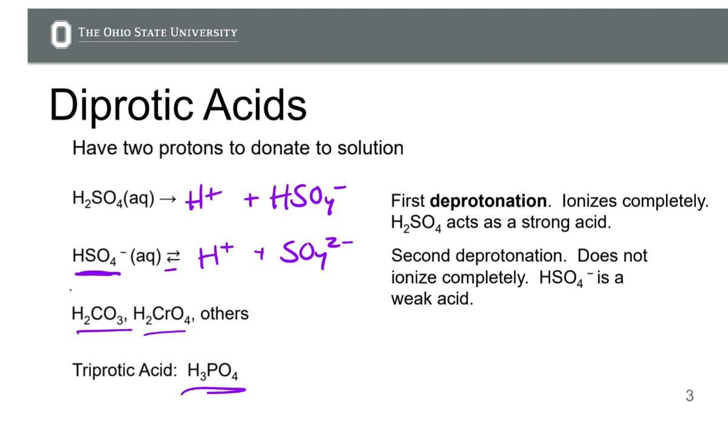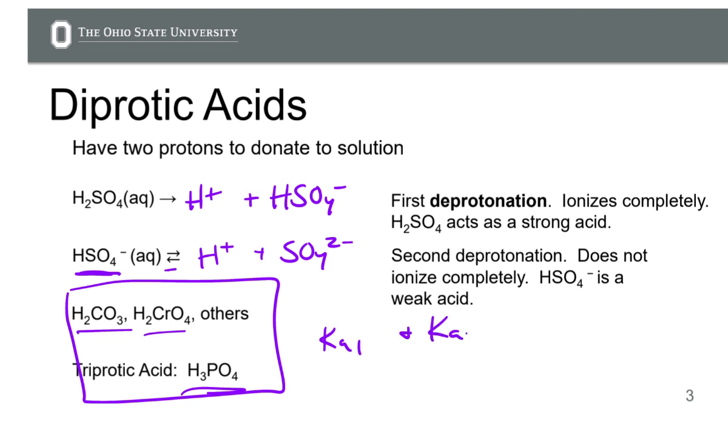These diprotic acids, both deprotonations are weak. So what you're going to find with a diprotic acid is you're going to have 2 Kas. Usually we do Ka1 and Ka2. And Ka1 refers to the first deprotonation.